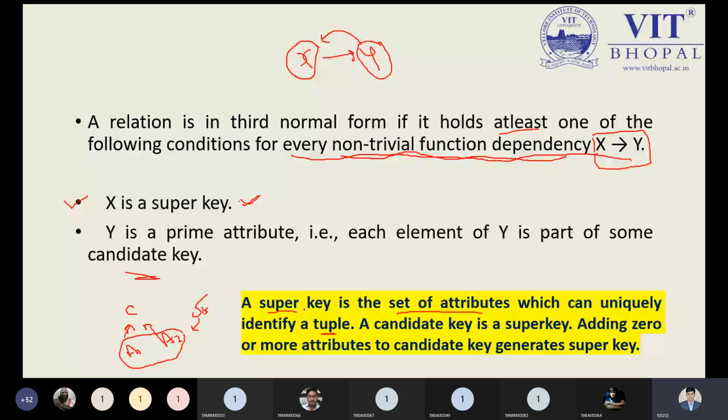The super key can be derived from the candidate key by adding zero or more attributes. So a super key can be the candidate key. Okay, I'm repeating my statement in different terms. A super key can be a candidate key, and a super key can be a set of attributes, and from that set of attributes, one attribute can be a candidate key. So this is the point.